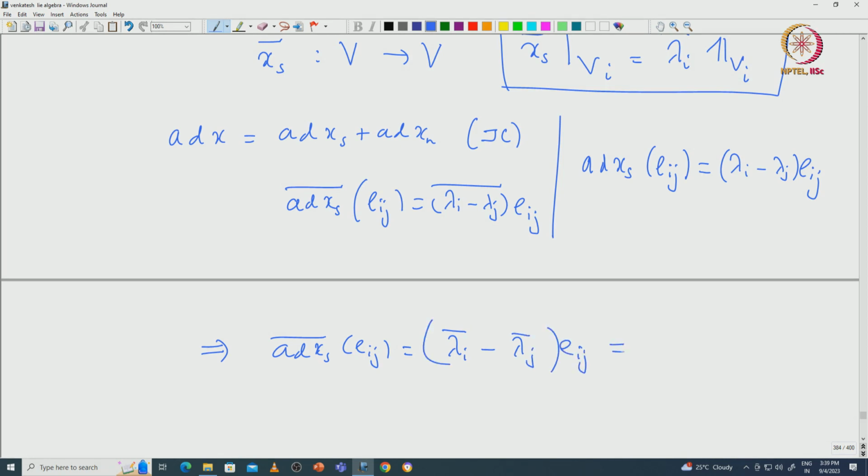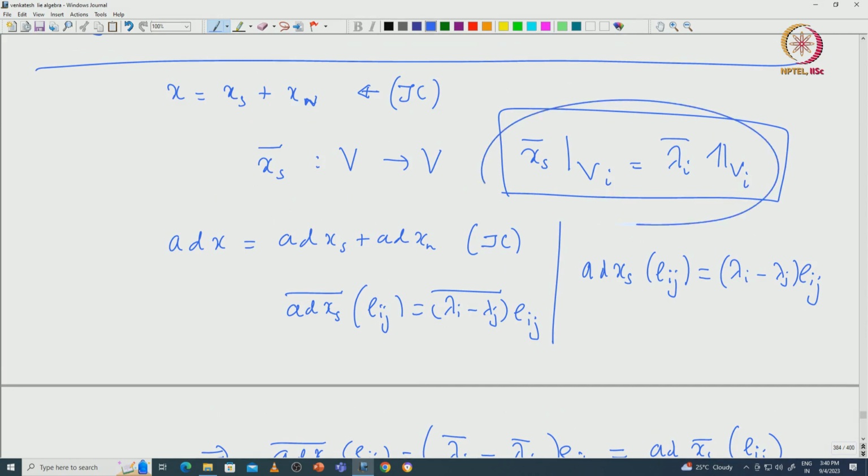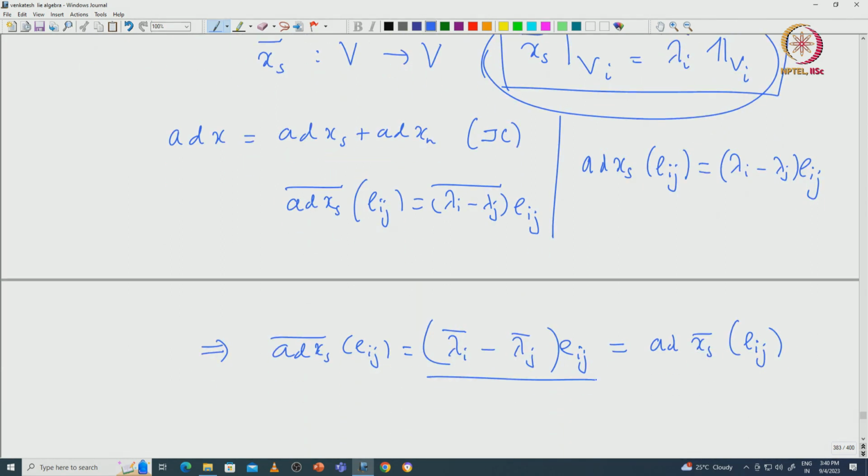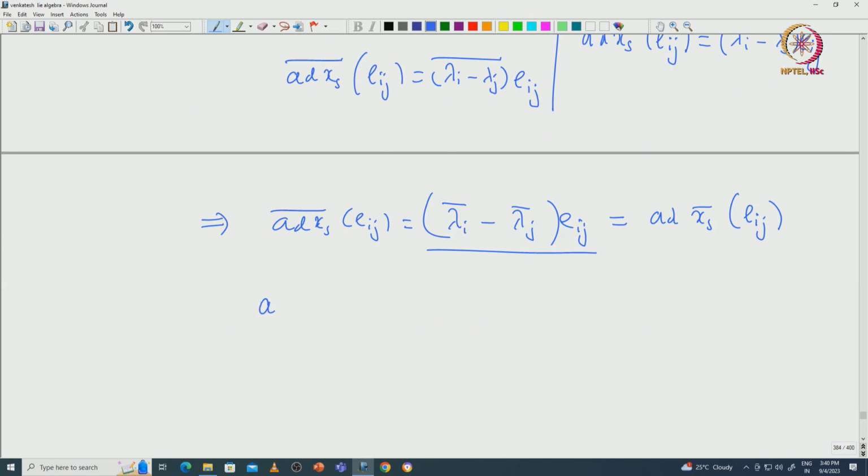So, if you think about it, this is exactly equal to this ad x bar on this E_ij, because ad x s bar is also a diagonal operator, and if you do the calculation, ad x s bar on E_ij is given by this lambda_i bar minus lambda_j bar acting on this E_ij. So, that implies this ad x s bar is the same as ad x bar. Okay. So, this is a small side observation.